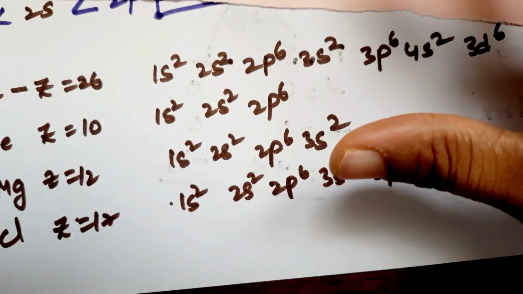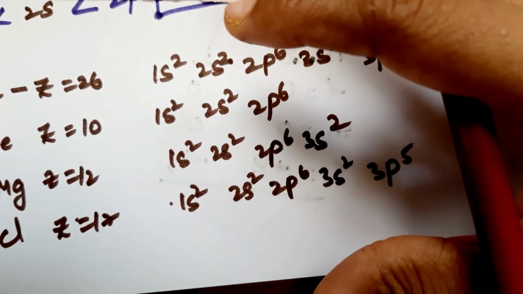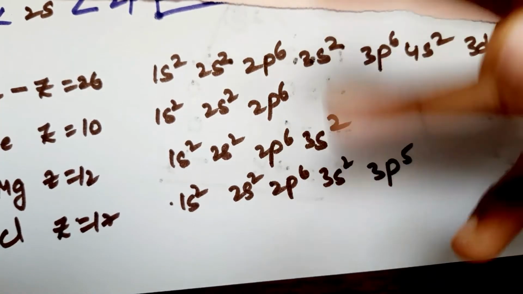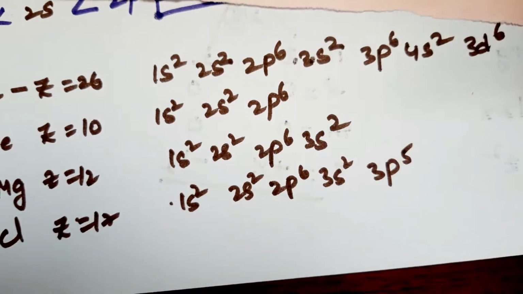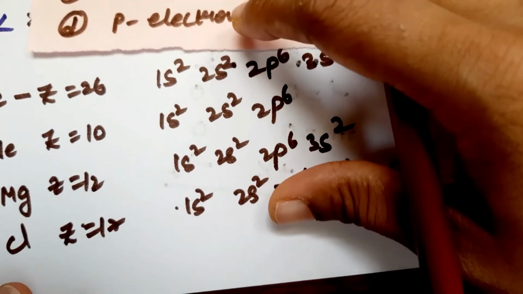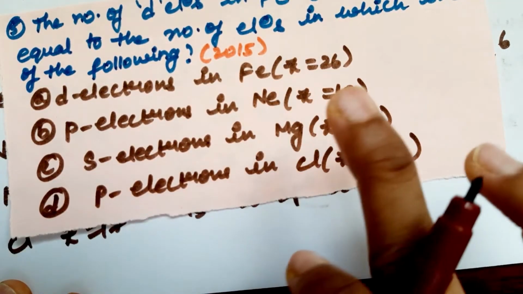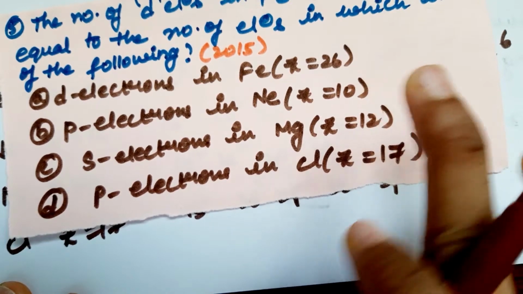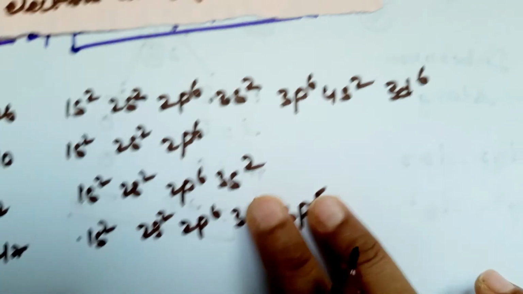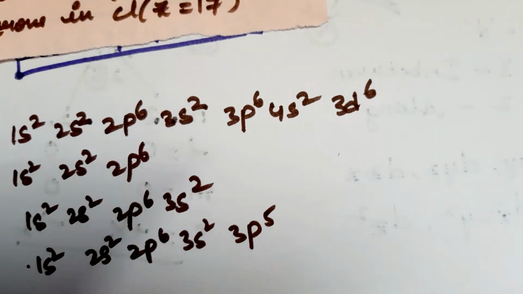How will we say which is the outermost orbital? It is the one which has the higher n value. If you feel confused on observing this, see the electrons in iron, Z equal to 26, out of 3d and 4s.